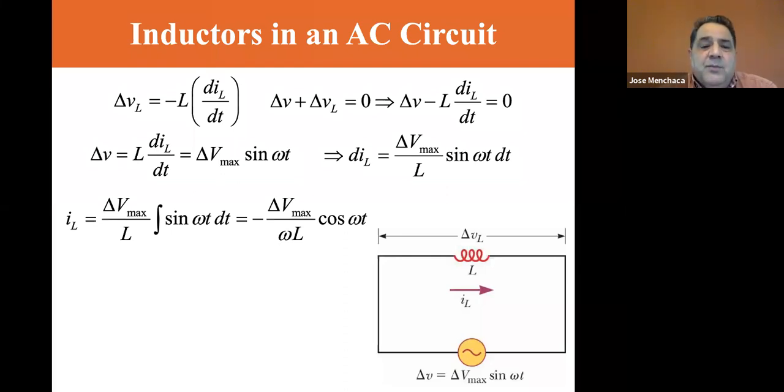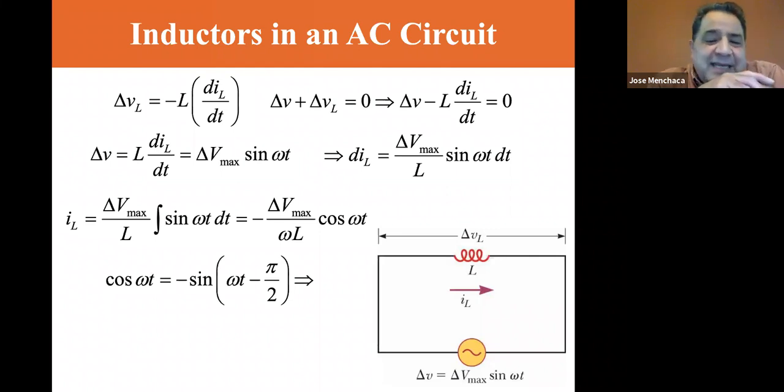So here we have I sub L equals delta V max over L times the integral of sine omega t dt, which is equal to minus 1 over omega cosine omega t. We get IL equals minus delta V max over omega L cosine omega t.